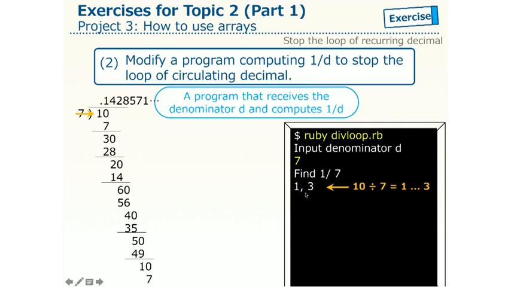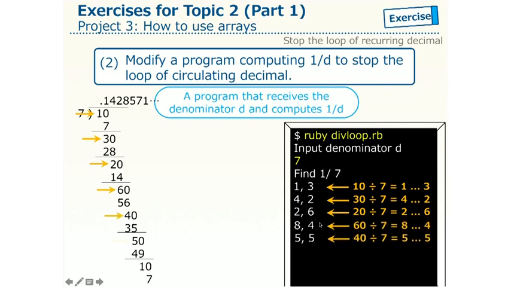That is, quotient is 1, and the remainder is 3, is given as an output. Next, this remainder is multiplied by 10, and then it is divided by 7. And this yields the quotient 4 and the remainder 2. Well, the calculation goes on similarly, like this.